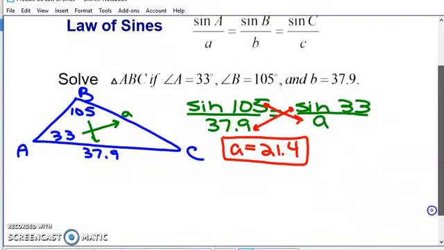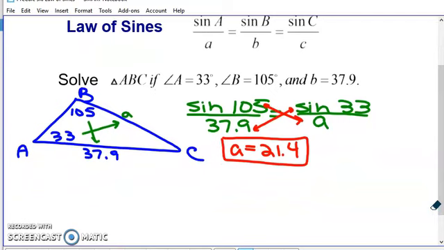Okay, I just want to note something because this will come up in the next section that we're doing on law of cosines, but one of the problems here doesn't show it. If we were looking for a missing angle using law of sines, we would still do the same ratio. It's just that we would end up with, for example, sine of A is some funny decimal like that.